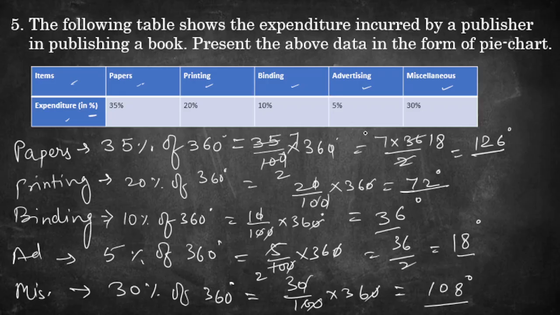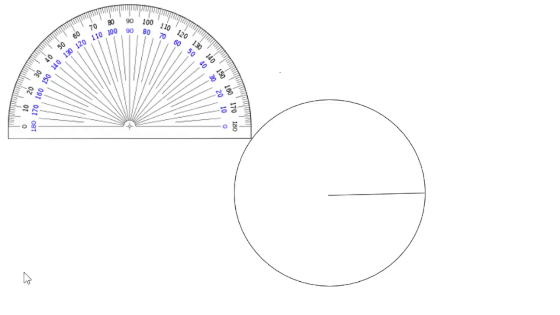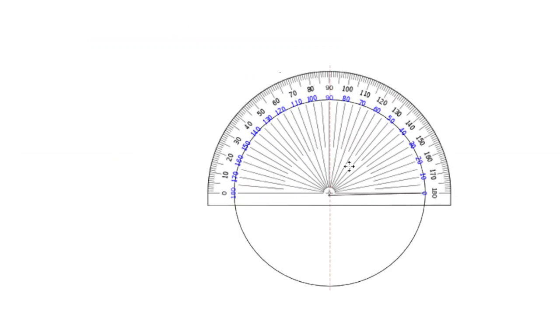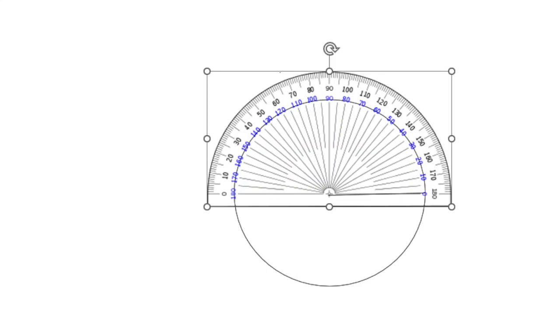So first of all we need to draw 126 degree. Now the center point of the protractor should coincide with the center and line. Okay, and the first degree which we will draw is 126 degree.